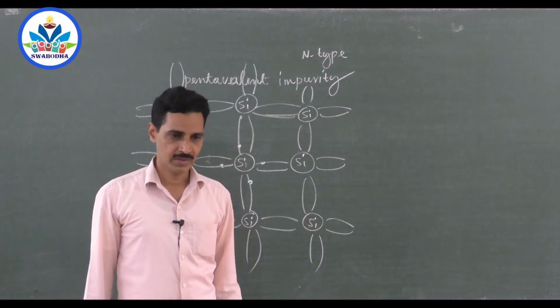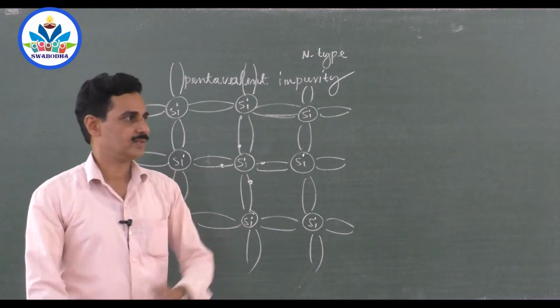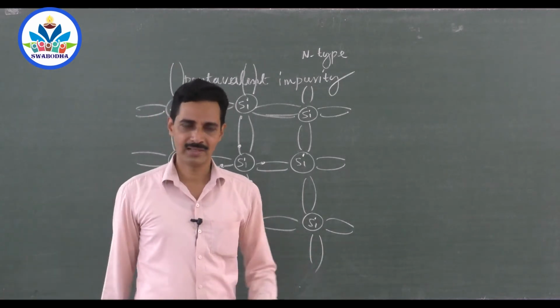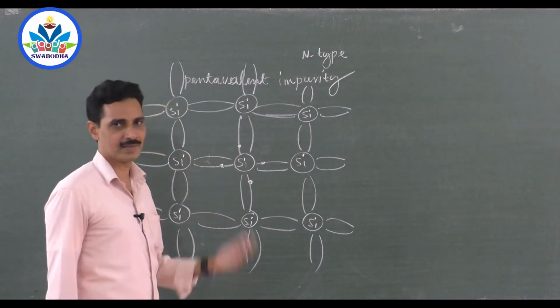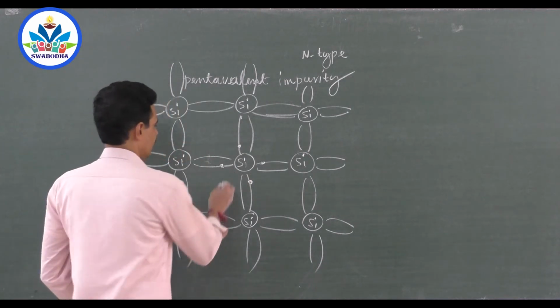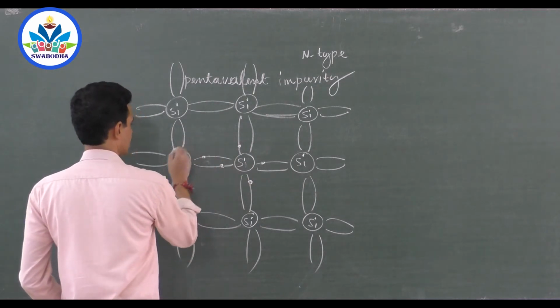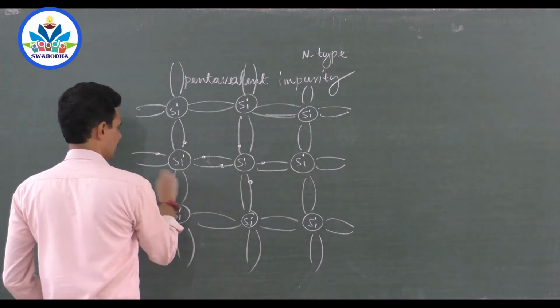So if you have 4 people in this house, and there are 4 functions going on in the neighborhood, you can send each one to a function, so that they don't get disappointed. What about this silicon? This silicon also donates one valence electron to this one, and this one, like this.